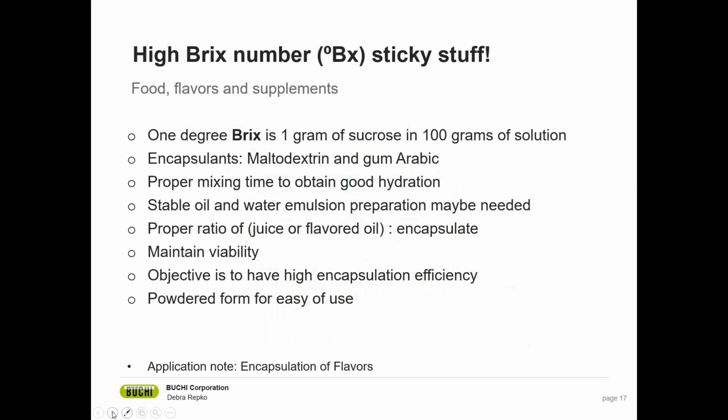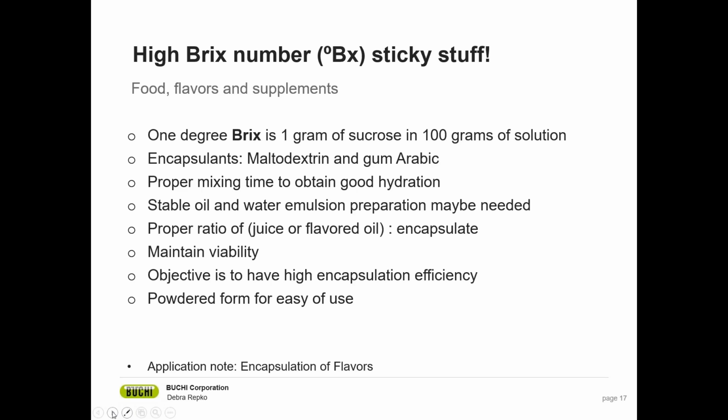Okay. So let's get into some of these examples that we were talking about. I'm going to start with food, flavors, and supplements kind of in a generic way. A lot of times, flavors or juices or natural products can be sticky, and they have what's called a high degree of brix.